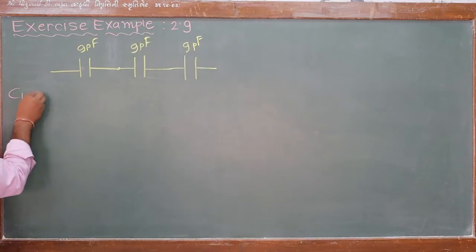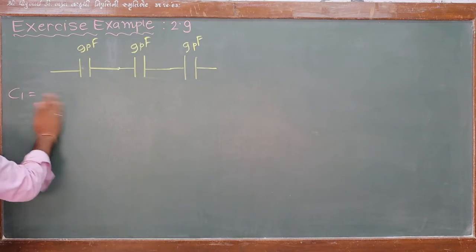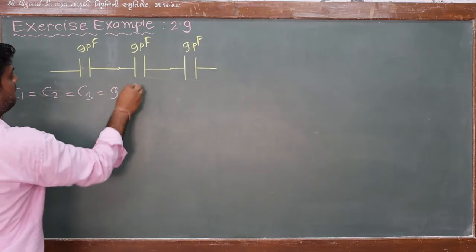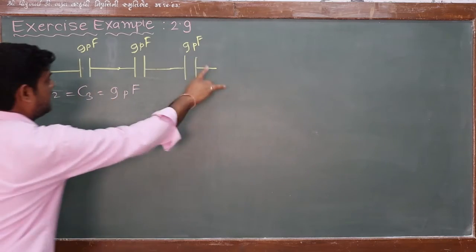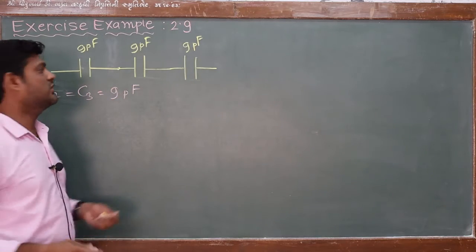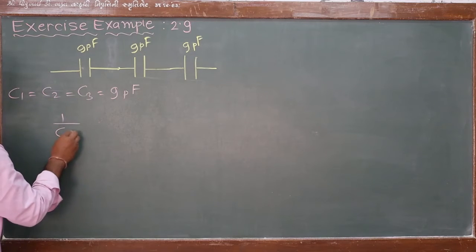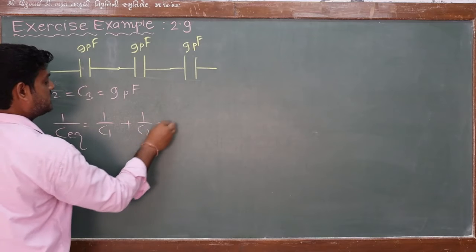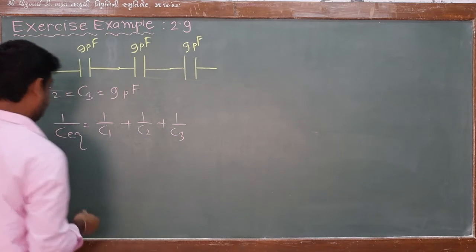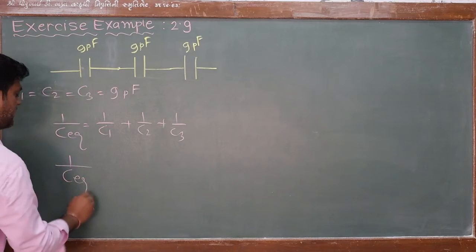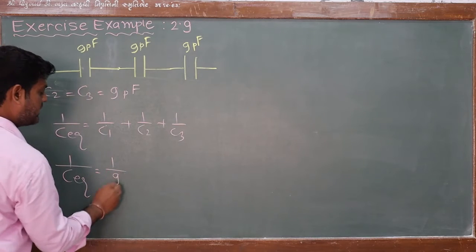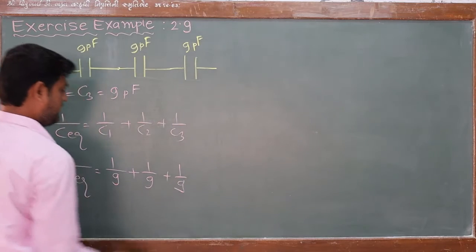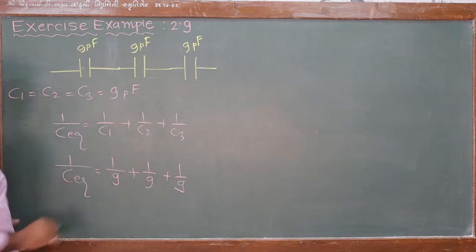We will write C1 equal to C2 equal to C3 equal to 9 picofarad when they are connected in series. We know the formula, 1 by C equivalent equal to 1 by C1 plus 1 by C2 plus 1 by C3. So 1 by C equivalent equal to 1 by 9 plus 1 by 9 plus 1 by 9, since C1, C2, C3 are each 9 picofarad.